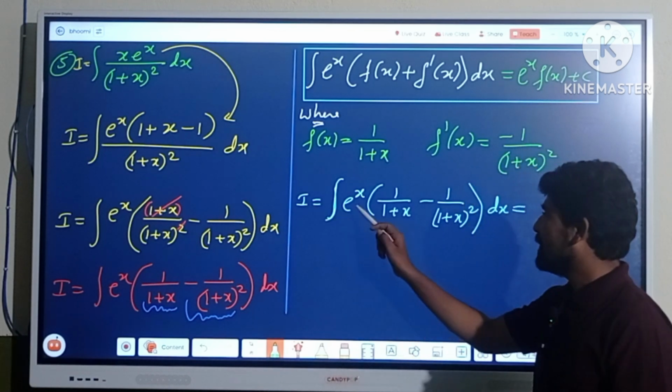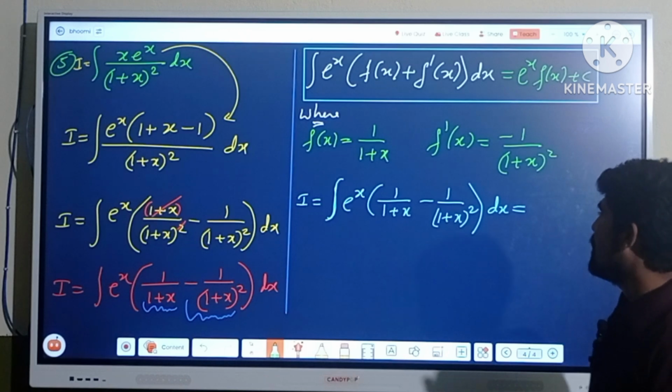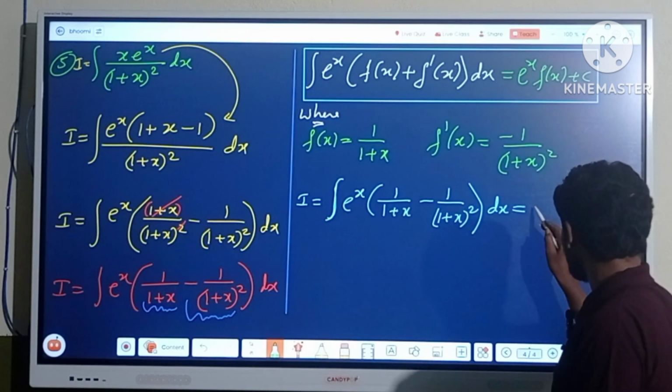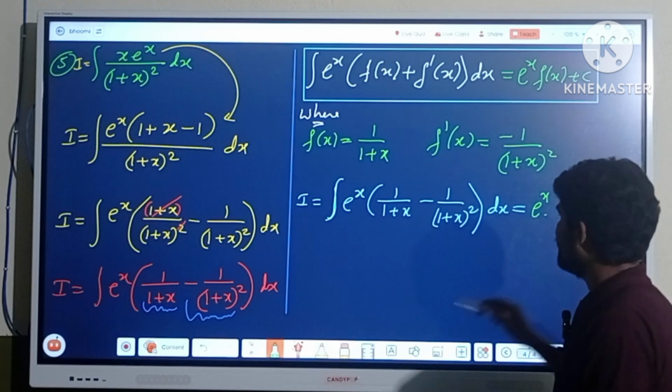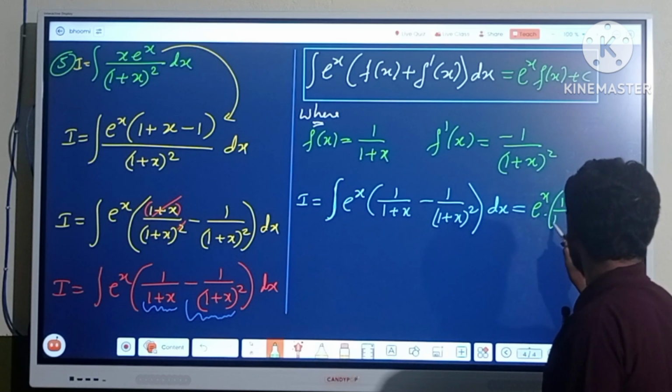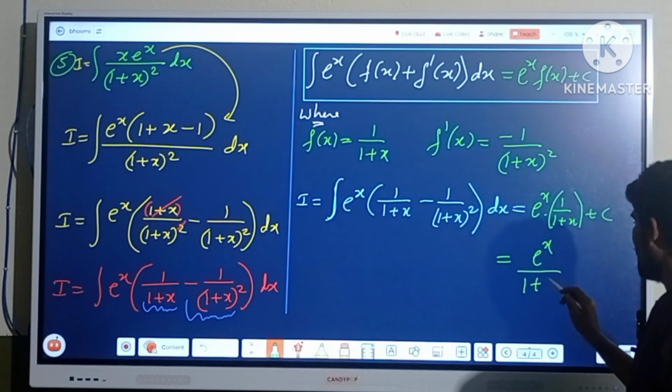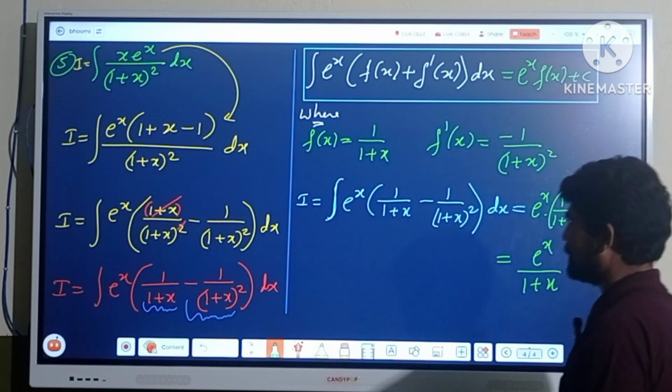Therefore, the value of the integration of e power x into [1 by 1 plus x minus 1 divided by (1 plus x) whole square] is equal to e power x into 1 divided by 1 plus x plus c, or you can also express it as e power x divided by 1 plus x plus c.